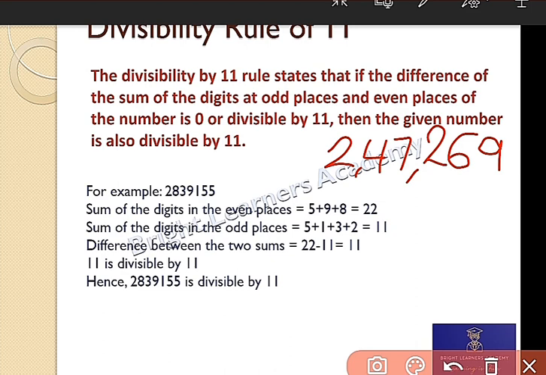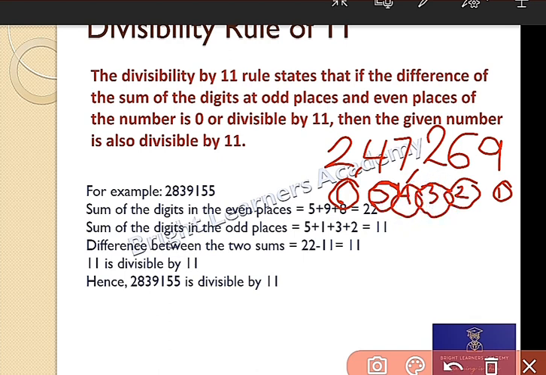Now we have to check whether this number is divisible by 11 or not. So the first step is to give them the numbering. This is first, second, third, fourth, fifth and sixth. I'm writing them under the digits.